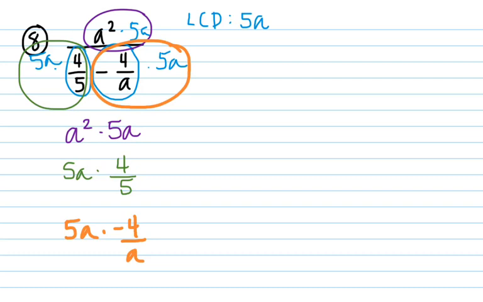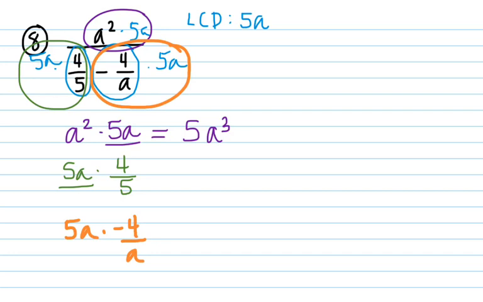Now you may be wondering, why am I multiplying times 5a on the right-hand side sometimes and on the left-hand side sometimes? Remember, it doesn't matter which order you multiply in because of the commutative property of multiplication. So you can multiply in any order you want to, as long as you get the correct thing when you multiply. For a squared times 5a, I get 5a cubed.